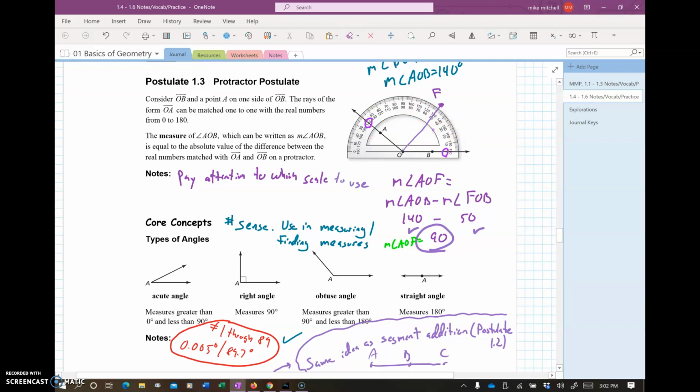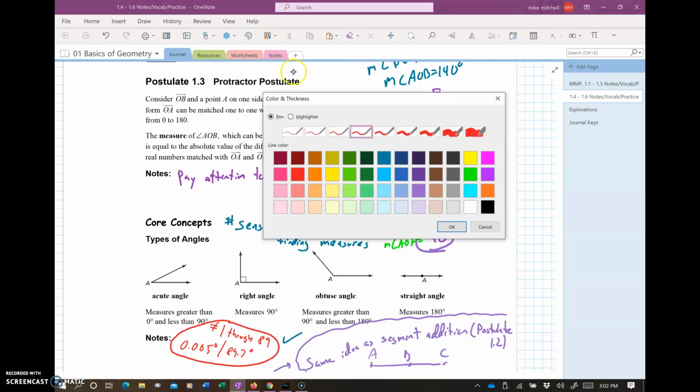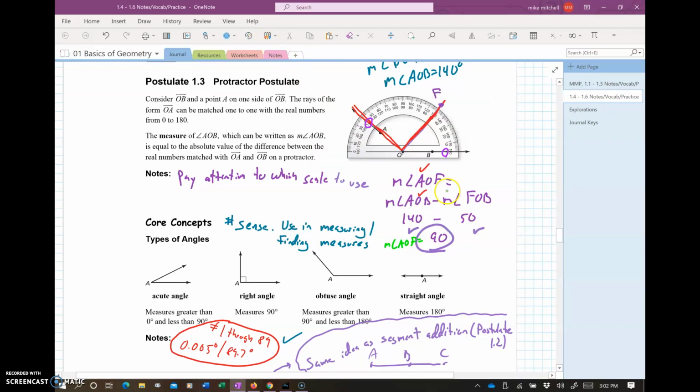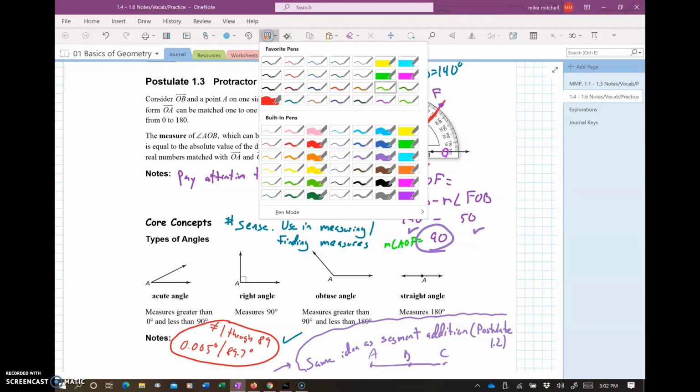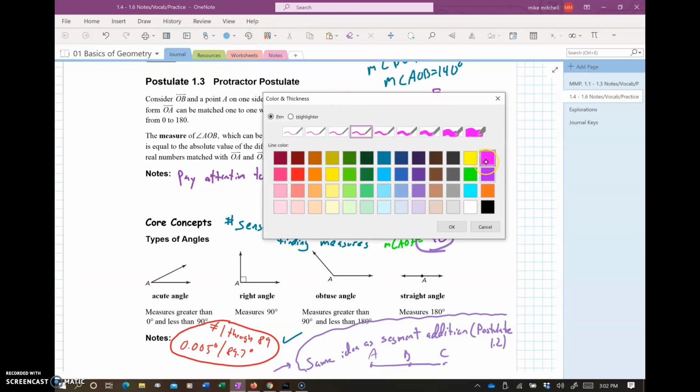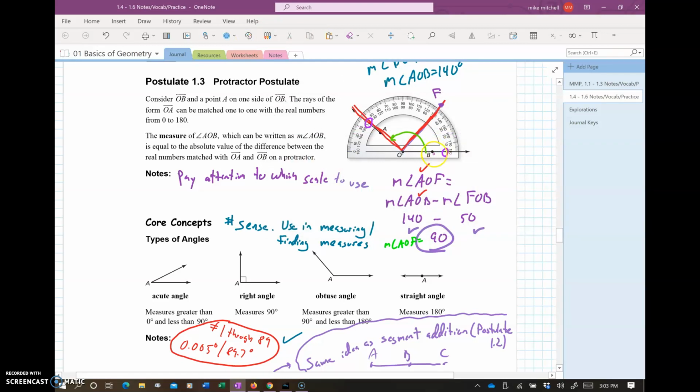If I want to get the measure of angle AOF, this angle right here, it's not set up right in there. I use a subtraction. I'm going to get AOB. You do that in another color. We'll do the green. AOB, which is going to be the green, minus FOB, which is this one.